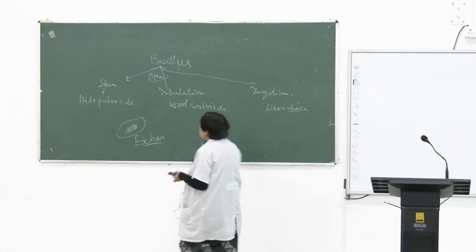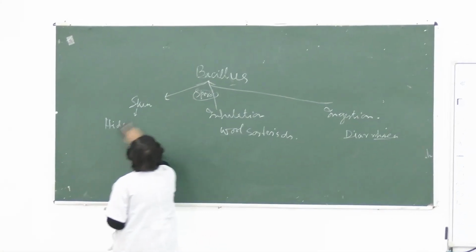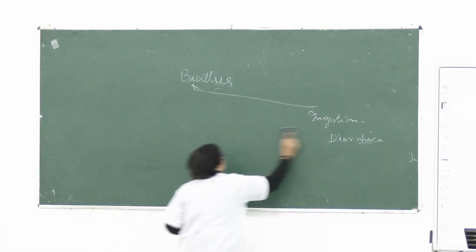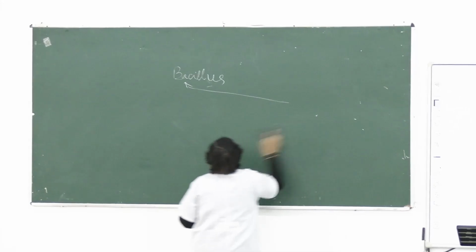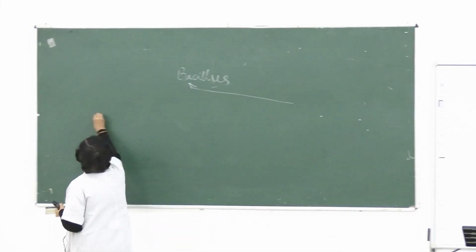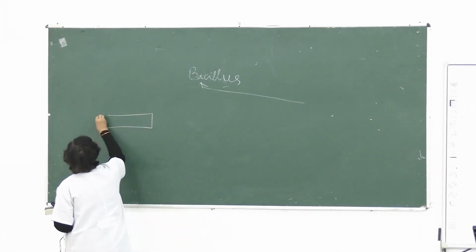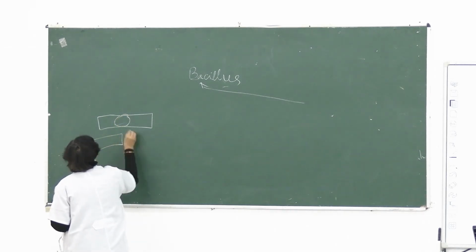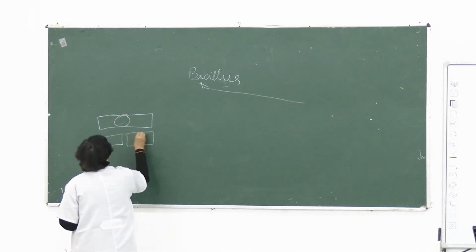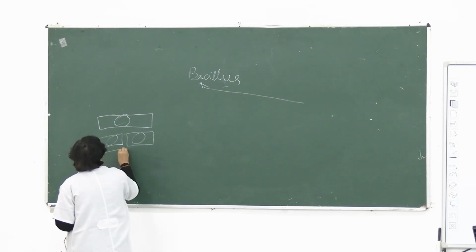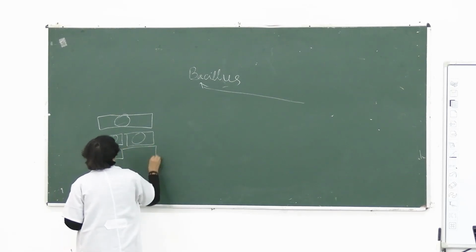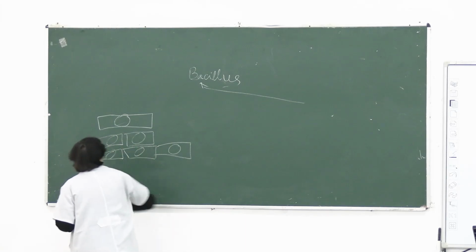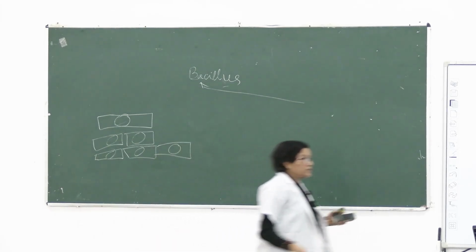Now what is the morphology of the bacteria? It is bacilli, you know it is bacilli, and it has spore. It may remain single, it may remain in diploid form, it may remain in chain, okay, and it has capsule.